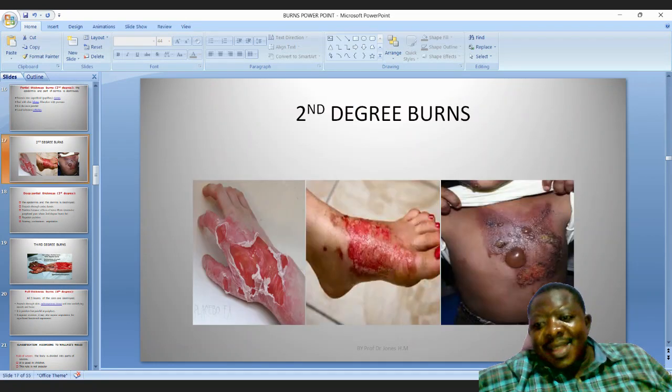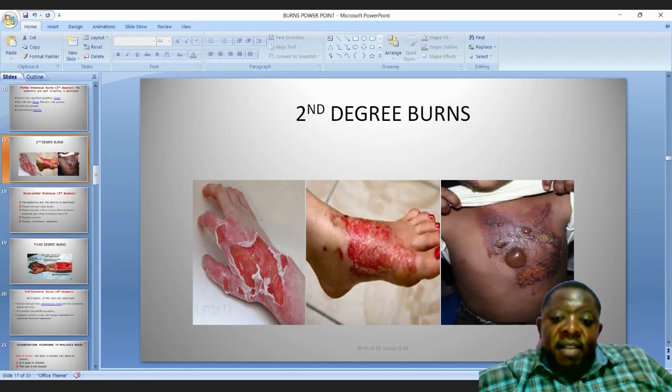So these are examples of second degree burns. Skin acts as a barrier to infection. So there's risk of infection when the skin barrier has been disturbed, as we have seen.